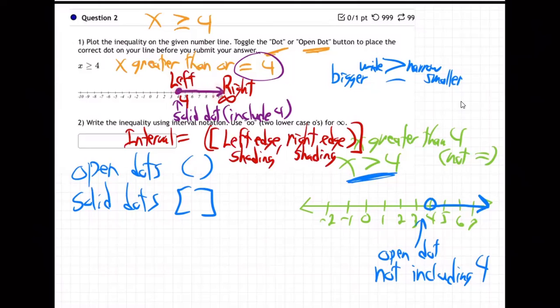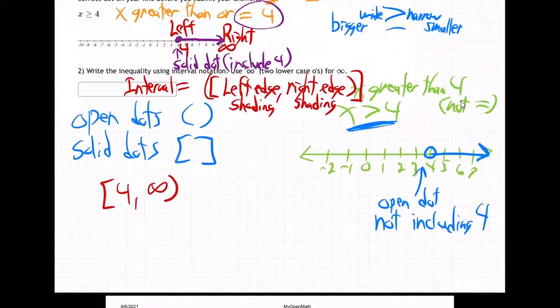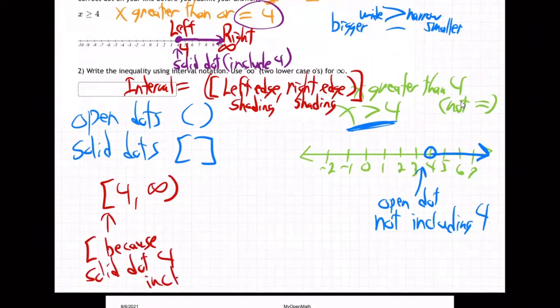So how do you write that? Well, I'm going to write my answer. Bracket 4, comma, infinity, parenthesis. It's kind of weird, huh? Why do we have a bracket? Because we had a solid dot at 4, right? We're including the 4.